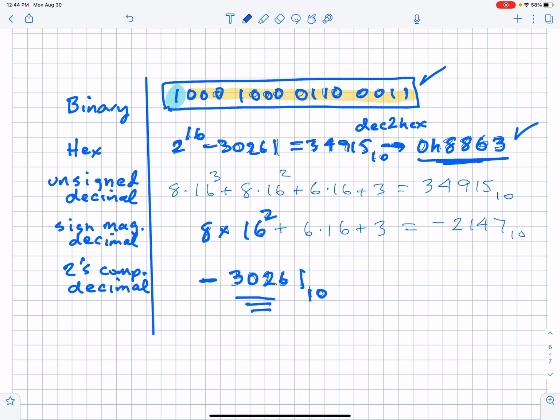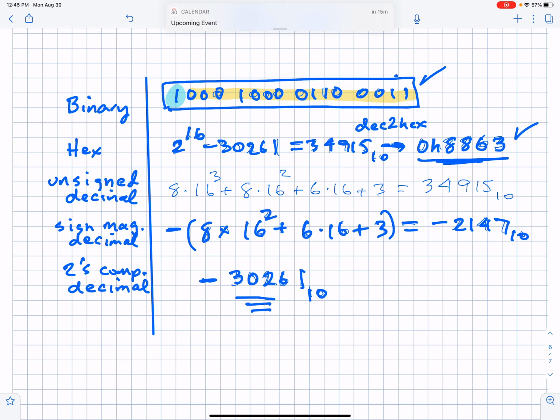That's in the 0, 1, 2 digit place. All right, so 16 squared plus 6 times 16 plus 3 is equal to, and I know this is going to be a negative number, so you plug that in your calculator, you get minus 2147 base 10.